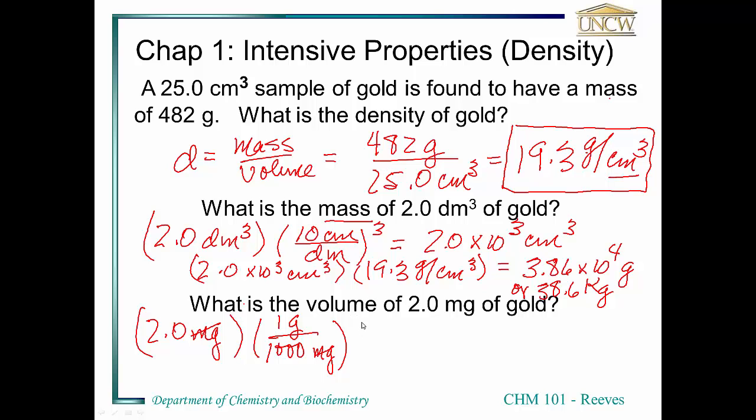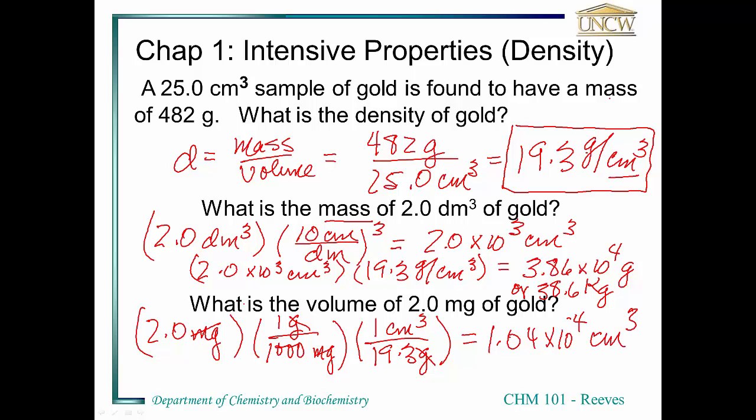So I can in fact multiply this by either 19.3 grams per cc or 1 cc over 19.3 grams. But if I do that, my unit grams will cancel and I'll get my answer in cubic centimeters. 1.04 times 10 to the minus 4 cubic centimeters is the volume of 2 milligrams of gold.